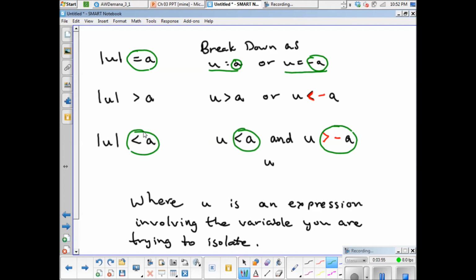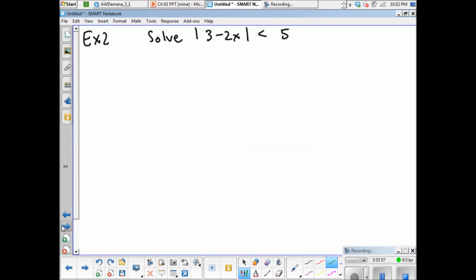Okay, so let's go back to our problem. This is our u, and this is our a. We're supposed to do u is less than a, and u is greater than -a. Okay, so it's going to be 3 minus 2x is less than 5.